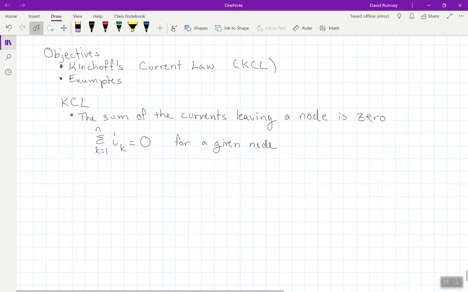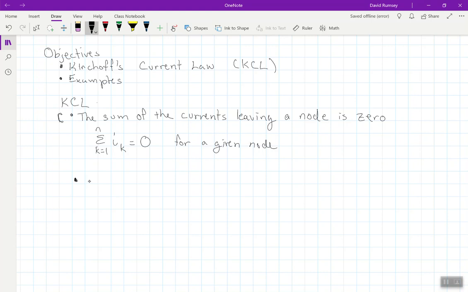There are two other ways that you can write KCL or think about it, and depending on who you talk about, they might choose these as their definitions for KCL. This is the one that I like to choose, but the other ones are equally correct, and we actually use them both depending on the problem we're analyzing.